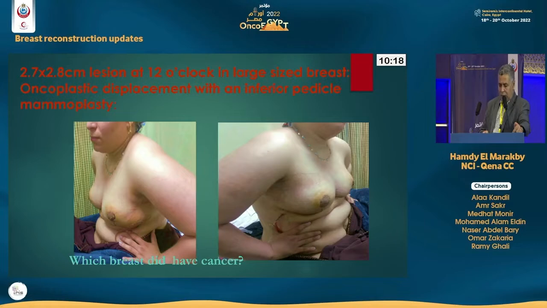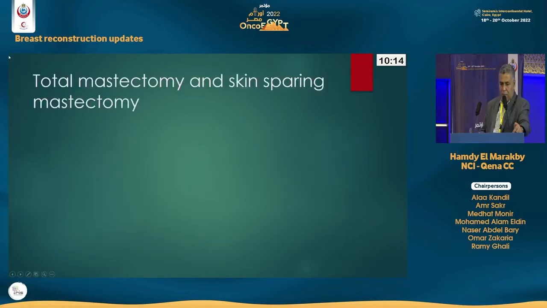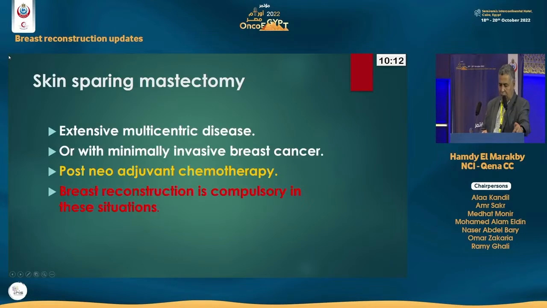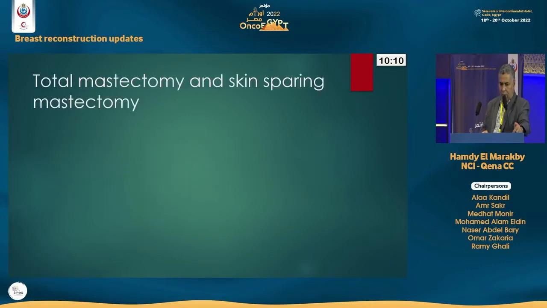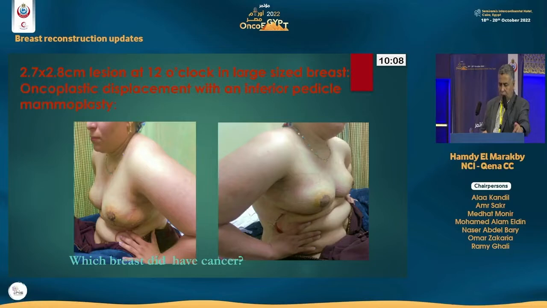If you have a lesion that has been here, I think this patient had a right breast cancer. So if you have a lesion in the right breast in this area, you exploit and utilize an inferior pedicle technique where you move the nipple and areola after excising the defect here.